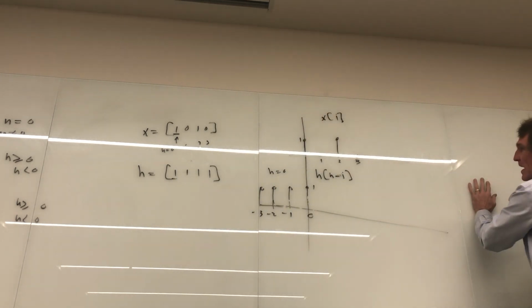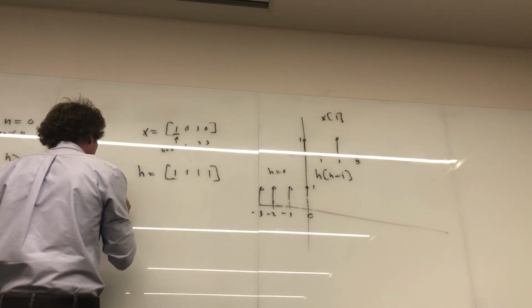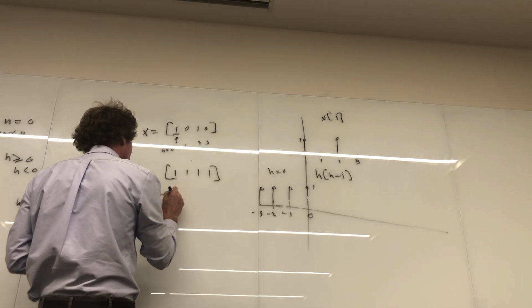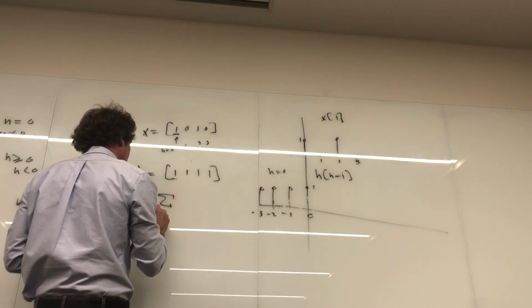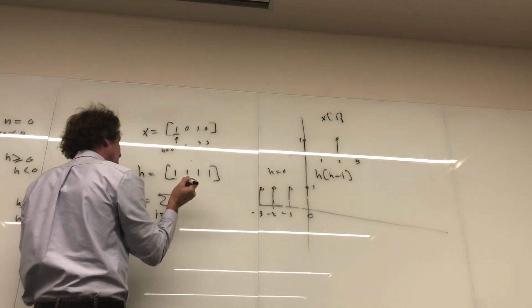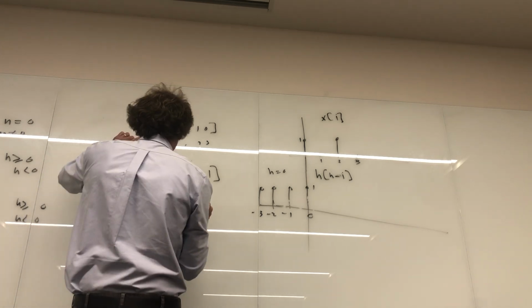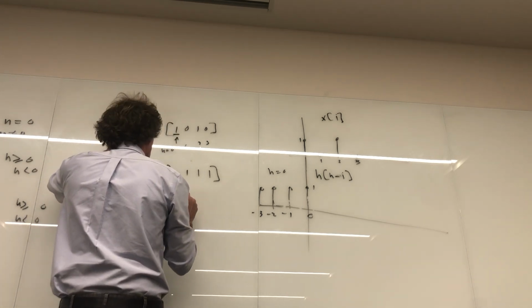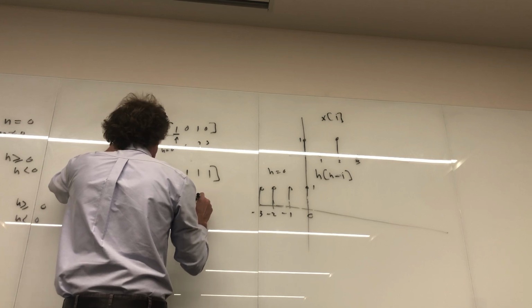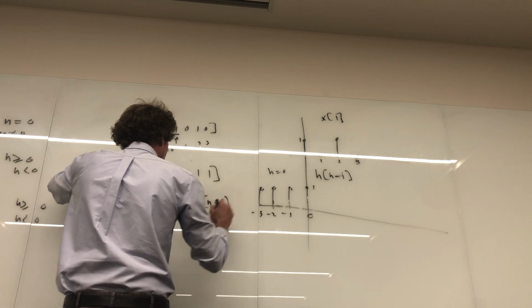So let me go ahead and, we're going to do this one. I'm going to put up what the value of the convolution is, and I'll say this right here, that y of n is going to be defined as a sum, where now it's going to be from i, it's going to start at 0 for this one, and it goes all the way to n of this function, and I'm just going to call it x of i, times this function, h of n minus i.